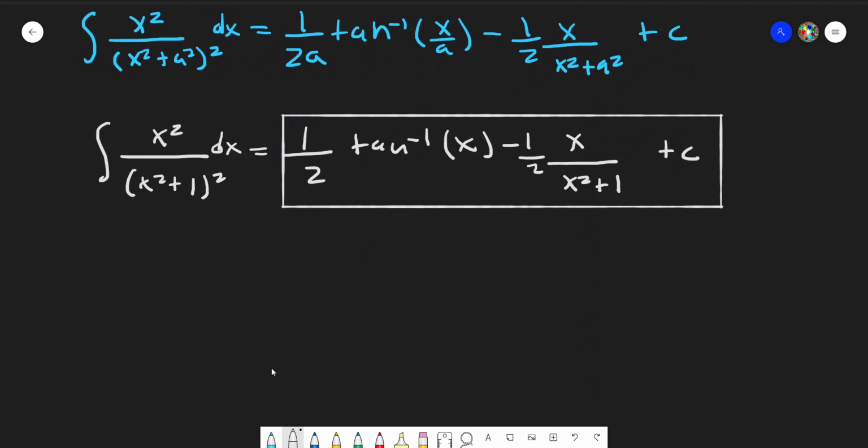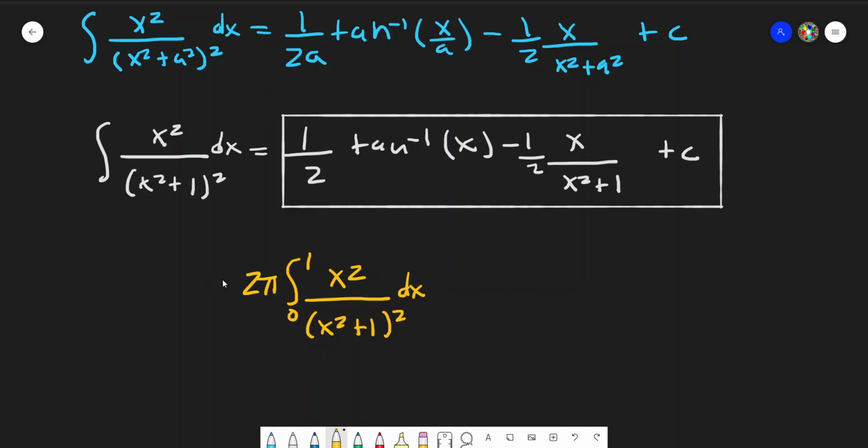For example, you could have an integral of 2 pi from 0 to 1 of x squared over x squared plus 1, squared, dx, and then you're expected to find what the area or volume would be.